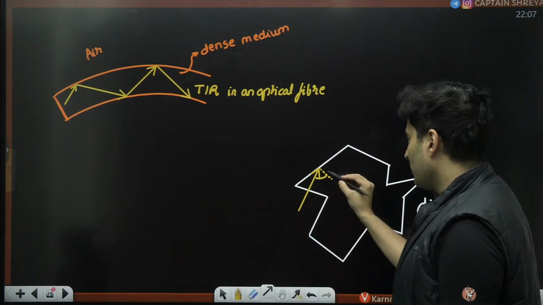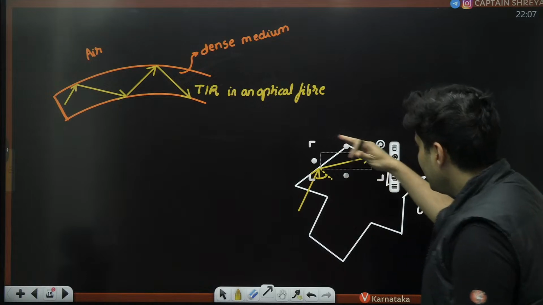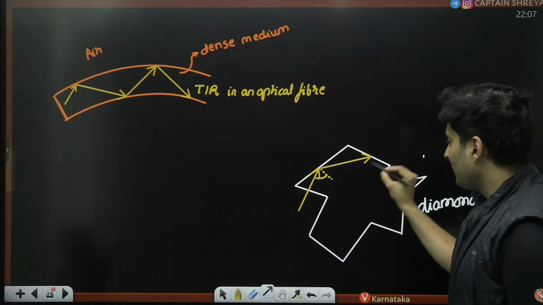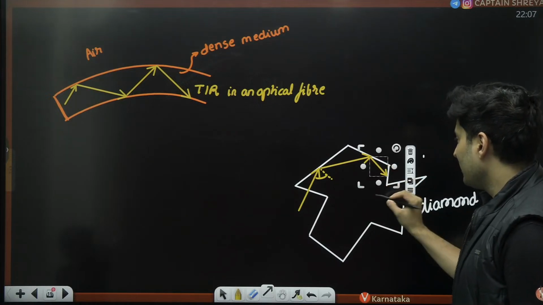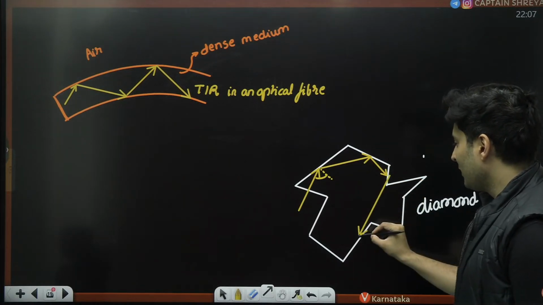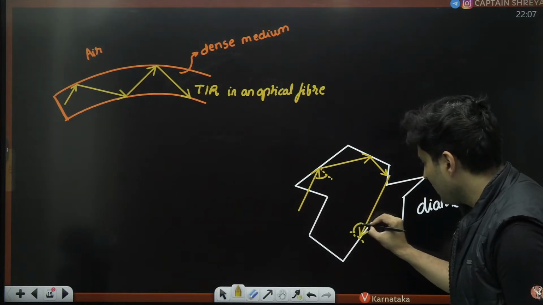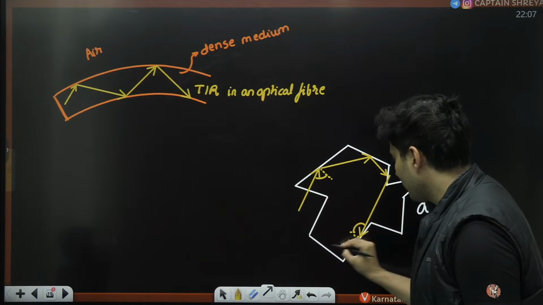So the light can't go out, so it will get reflected. And these sides are chosen in such a way that wherever it falls, it gets internally reflected again. Again, it gets internally reflected. Again, it can't go out because the angle of incidence is very huge, so it will again get internally reflected.